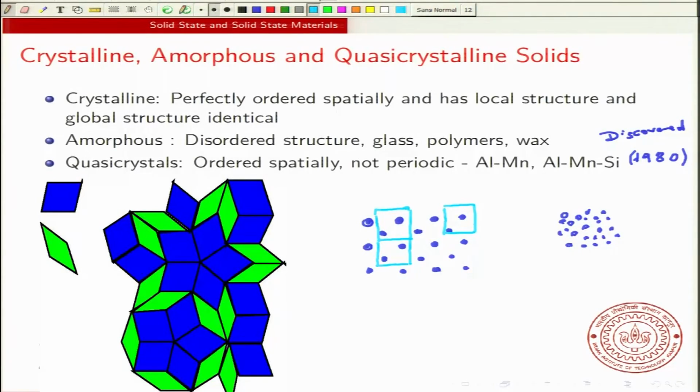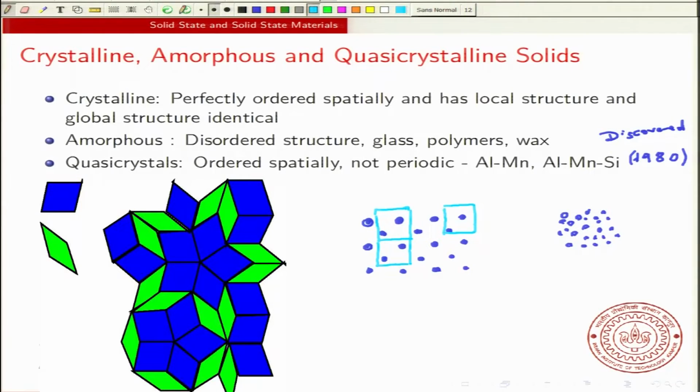I mean, you cannot translate this piece of the crystal somewhere and see the same ordering. Okay. So, this is an example of a quasi-crystal, and this is a very special class of material.